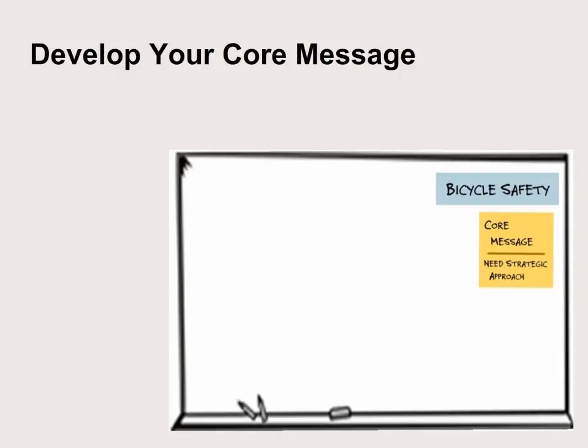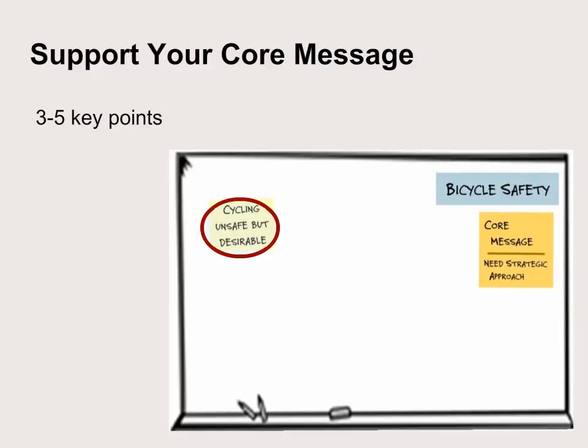To do that, I will start by developing 3 to 5 key points. For example, cycling is unsafe but also desirable. There are specific high-risk situations.